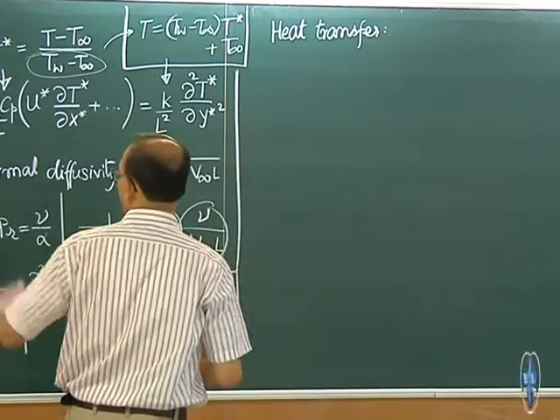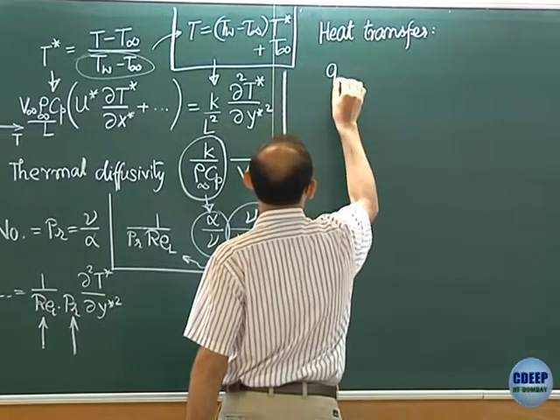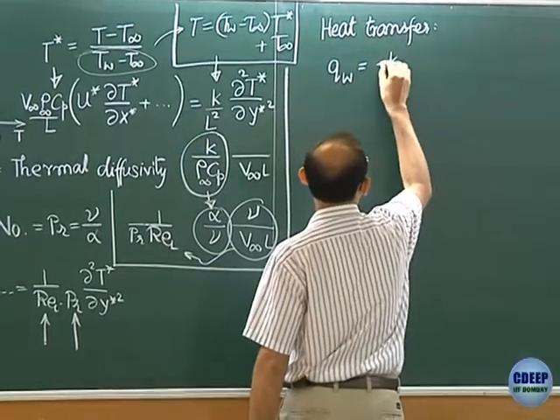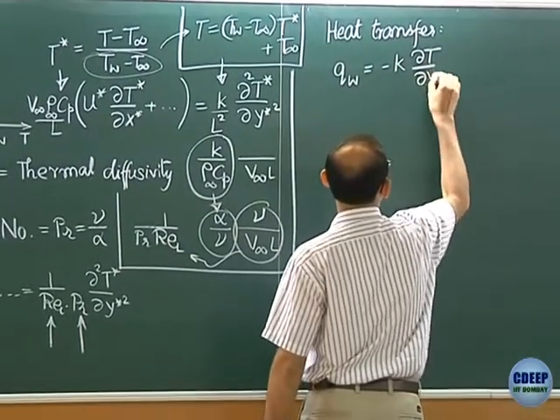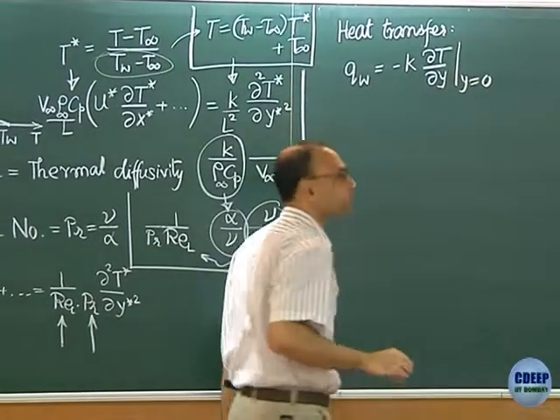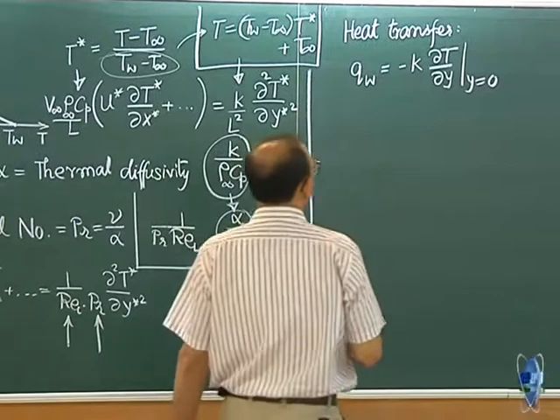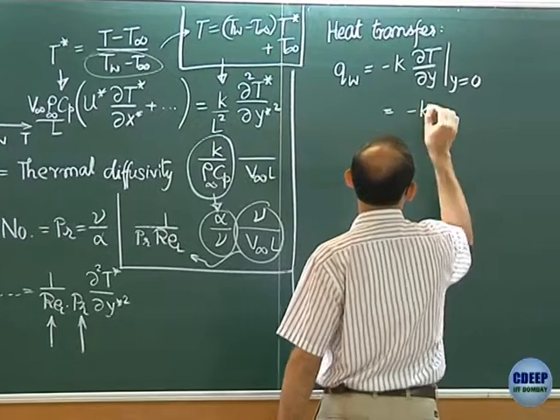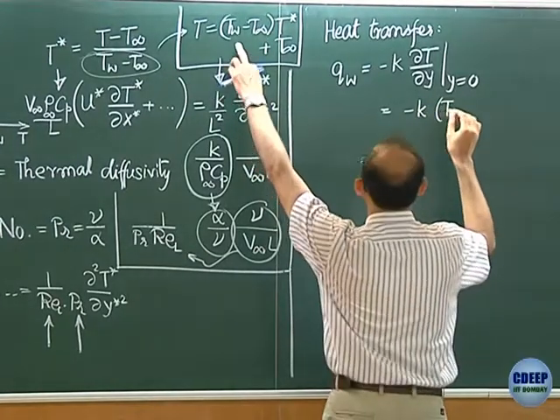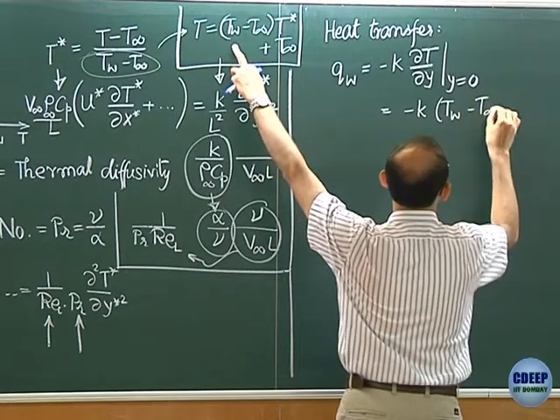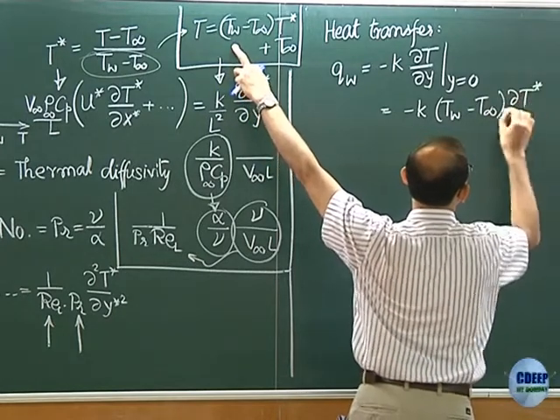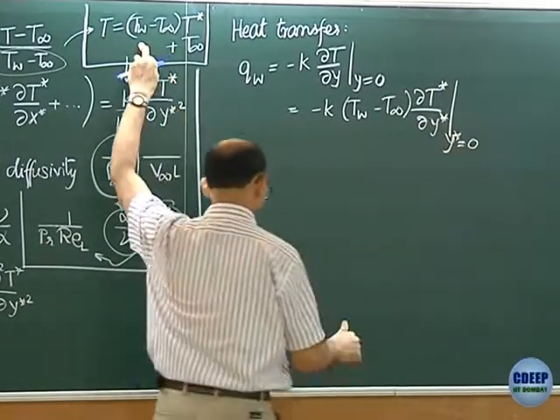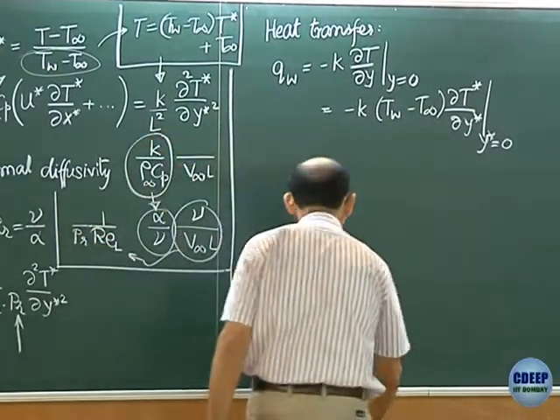Heat transfer, at least in the case of a flat plate boundary layer, what we are interested in is the wall. Heat transfer at the wall is minus K dT over dy at y equal to 0, fine. Make that into non-dimensional quantities: minus K, T wall minus T infinity, times this, over L. Yeah, L, thank you.